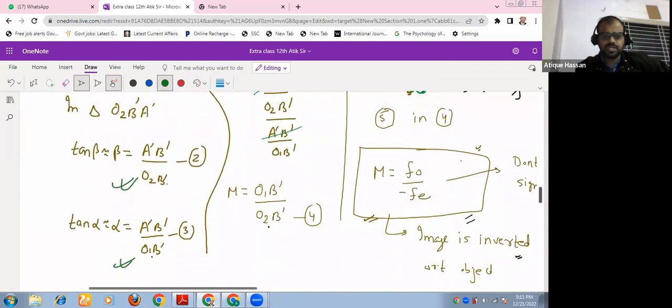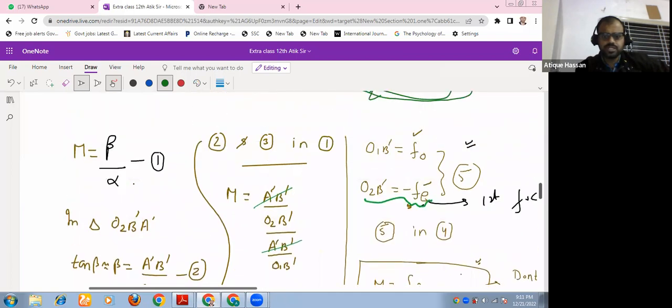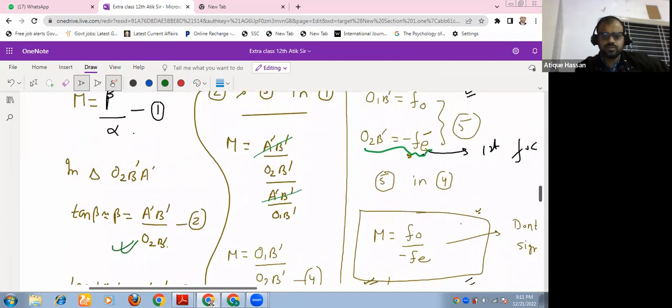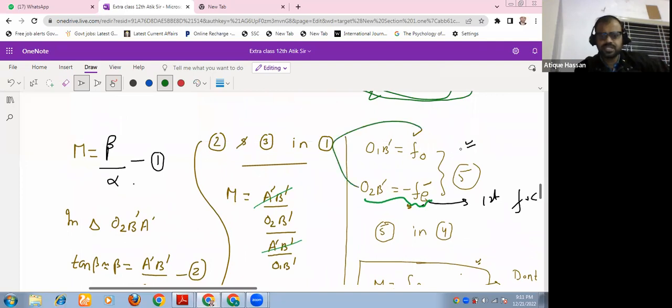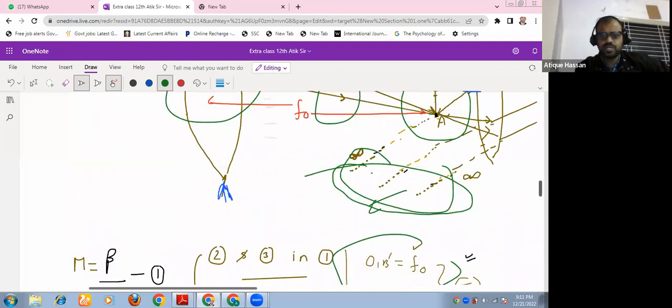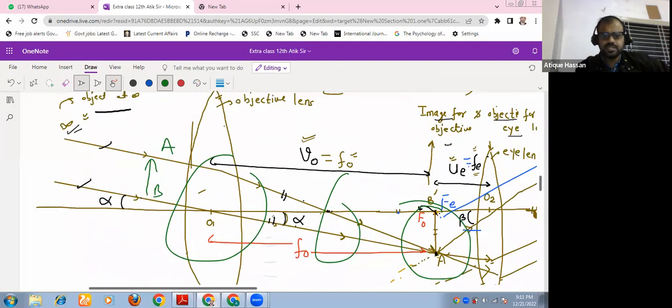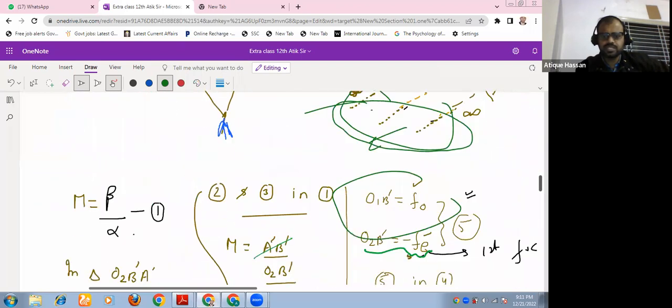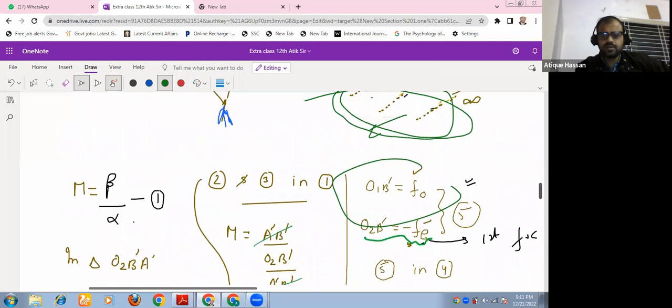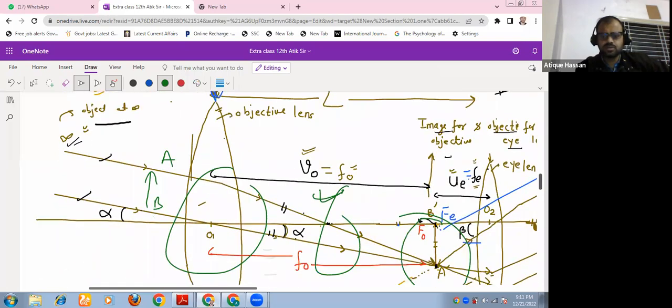O1 B dash is clear from the diagram. We know that O1 B dash is obviously V naught, which is F naught. So that is clear. O1 B dash is F naught, and O2 B dash is also clear here.